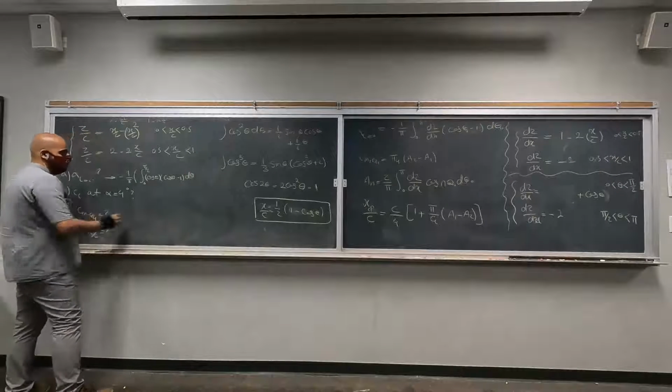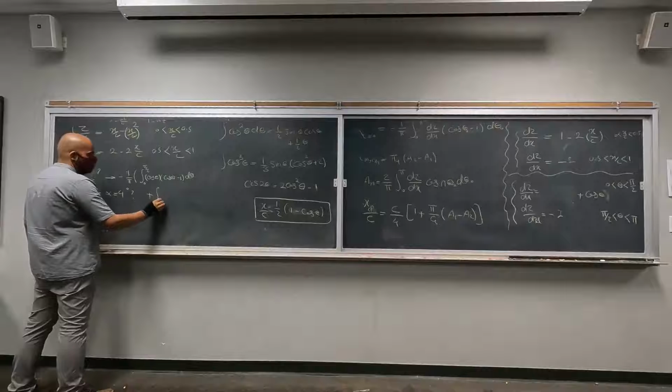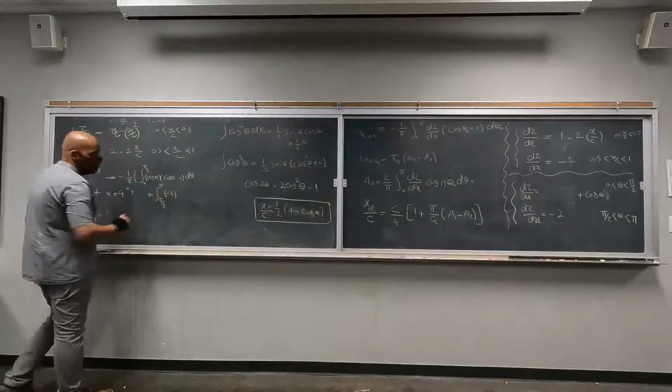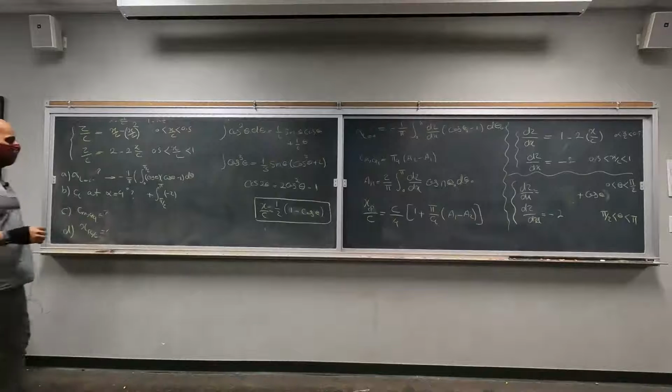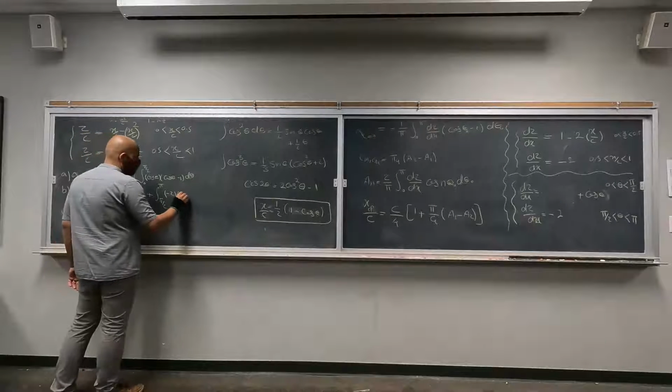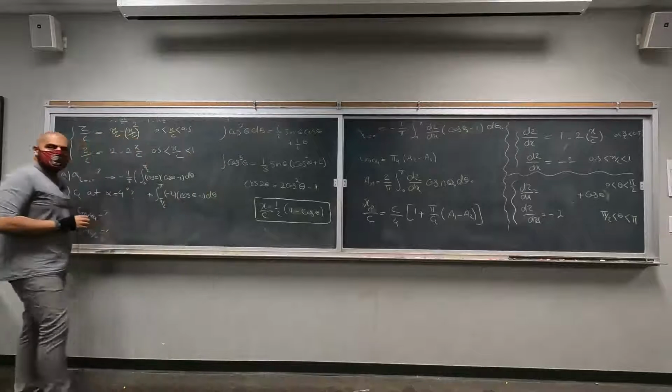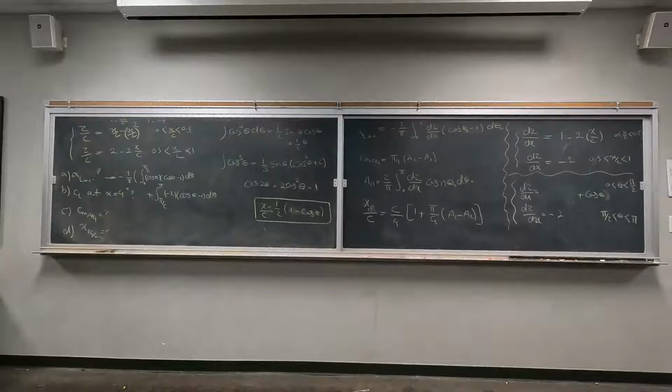That's one integral, plus integral from pi over 2 to pi of negative 2 for dz/dx, cosine of theta minus 1, d theta. Is this clear? Okay.